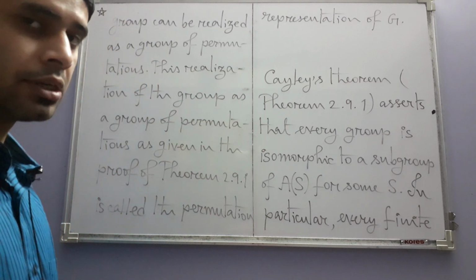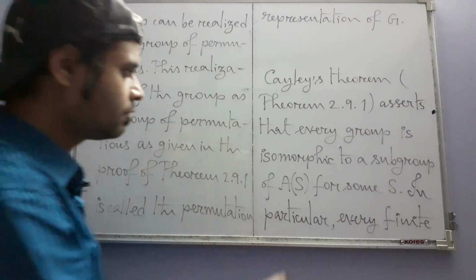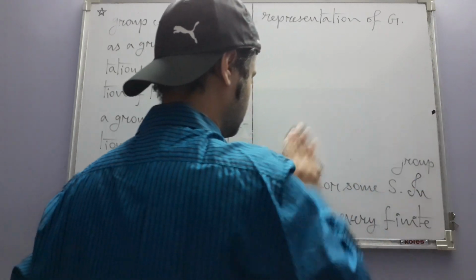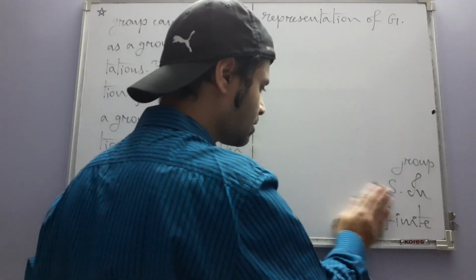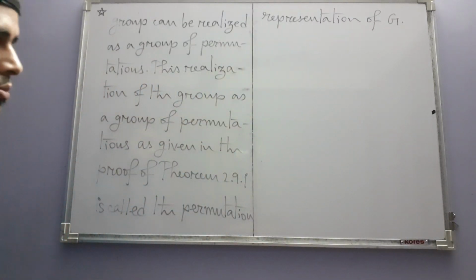But do you recall what we did in the proof of Cayley's theorem? We did something like this. To each element of the group, we associated one function.